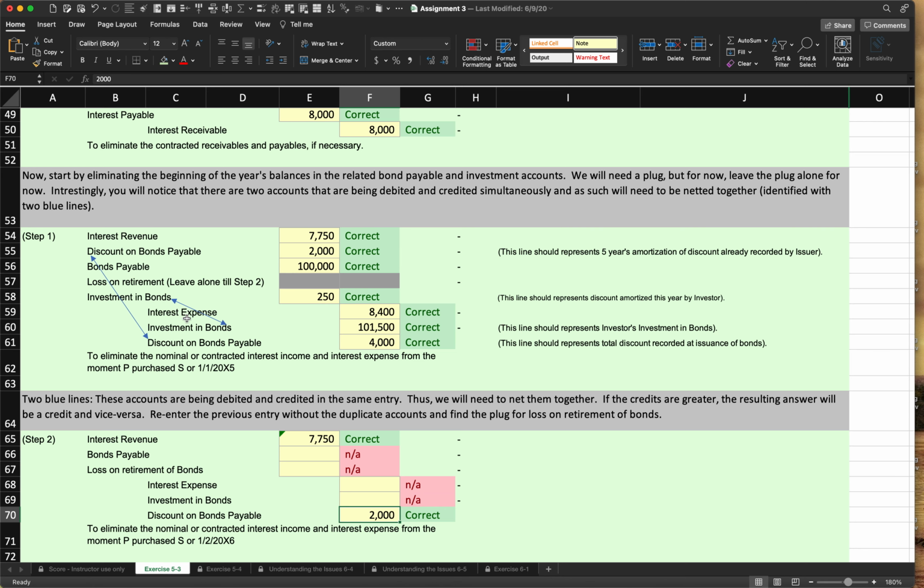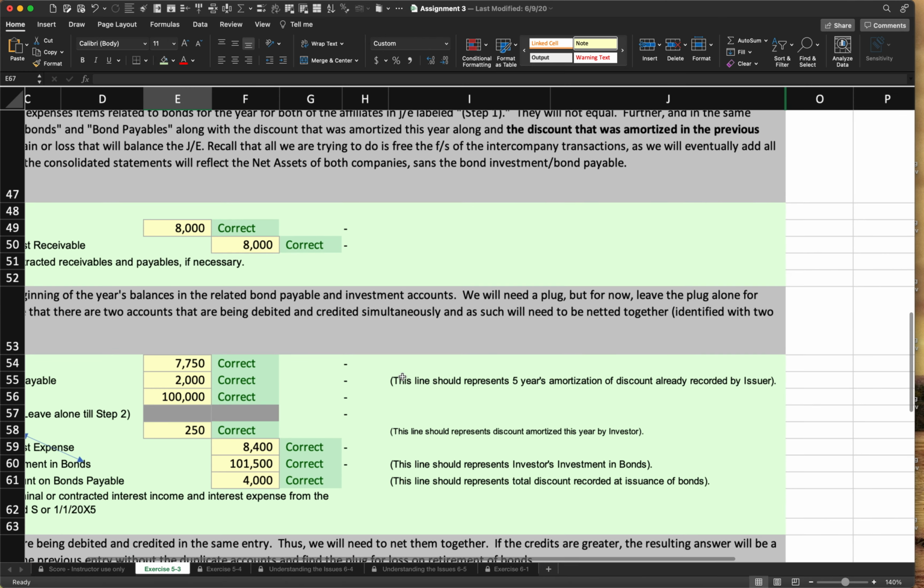The second arrow tells me that the investment in bonds we're eliminating was 101,500 minus the amount we amortized or destroyed. So 101,500 minus 250 is obviously a credit. Minus 250. And the interest expense is still the same. The bond payable, still the same.